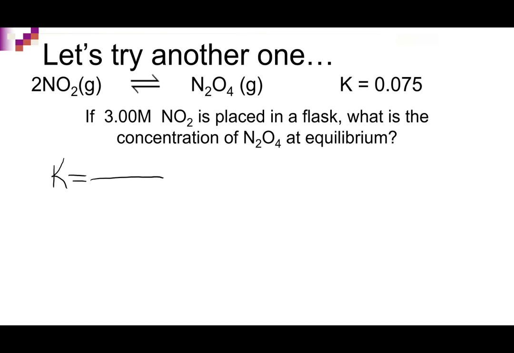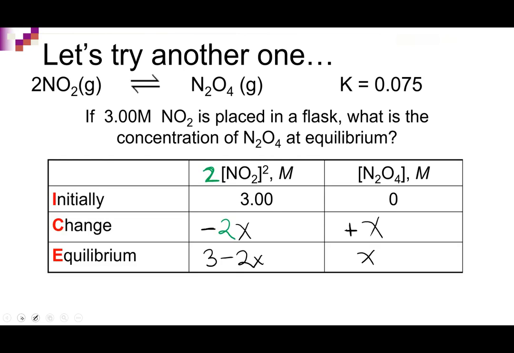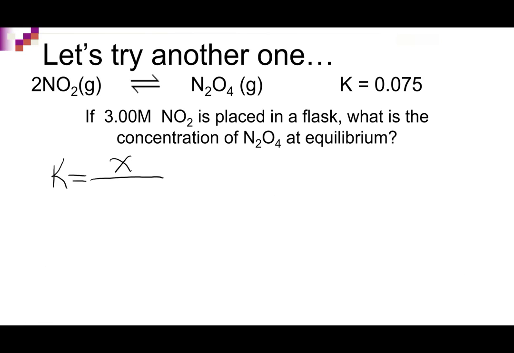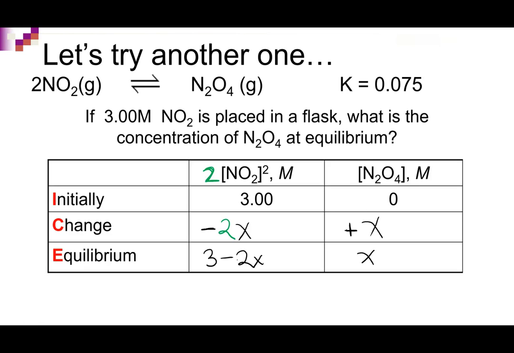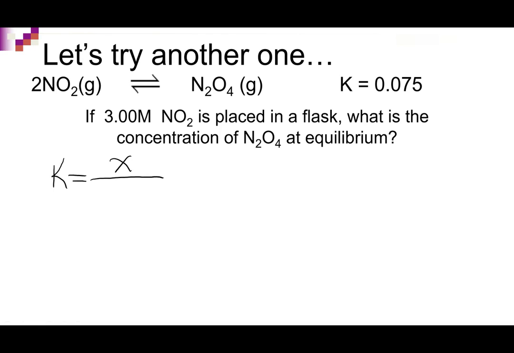So concentration of my products was X. Concentration of my reactants at equilibrium is 3 minus 2X, squared. And my value for K is 0.075, and I forgot to square that. Just making sure you guys are paying attention.